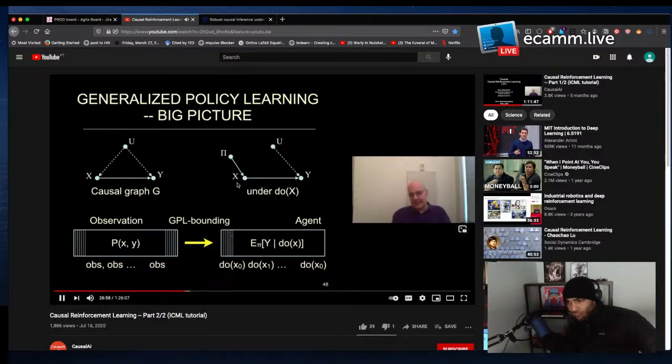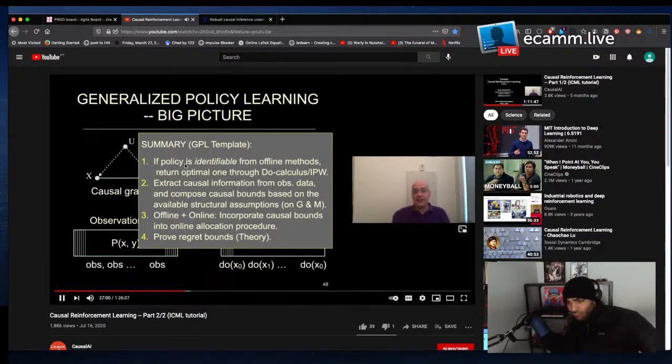Then the template for the task: if the policy is identifiable from offline methods, just return the optimal policy using the do-calculus, in combination with IPW and other estimation methods. So in other words, he's given a nice little template here.